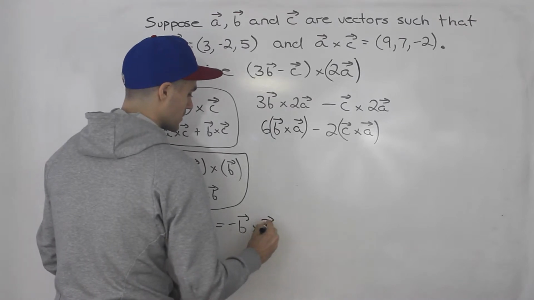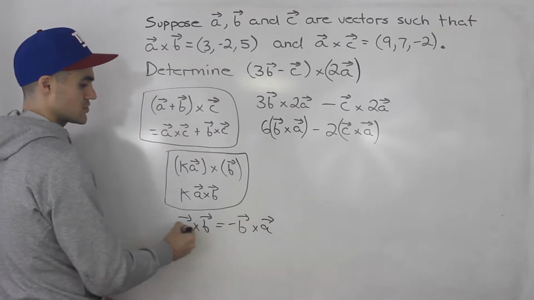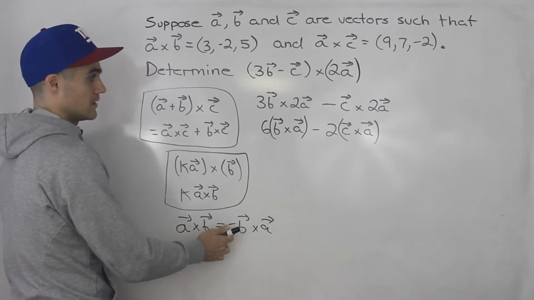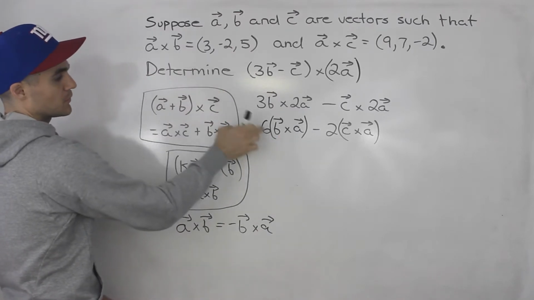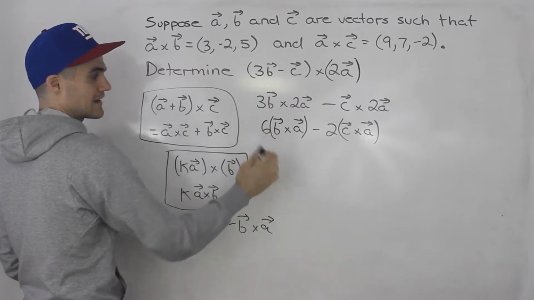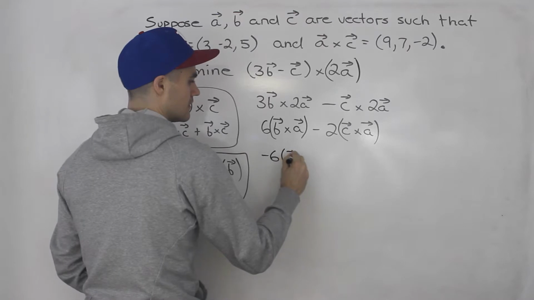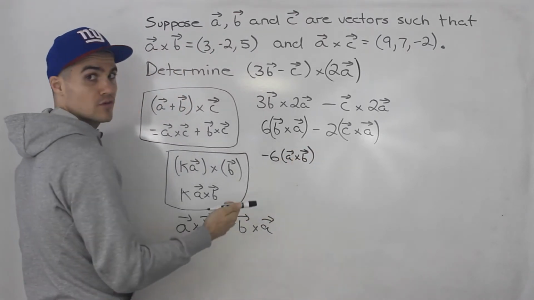The whole thing has to be multiplied by -1. So if you switch the order, you've got to switch the sign as well. We have B times A here, but that's not the same as A times B. We can switch it to A times B, but then we have to put a negative in front. So this would be -6 A times B.